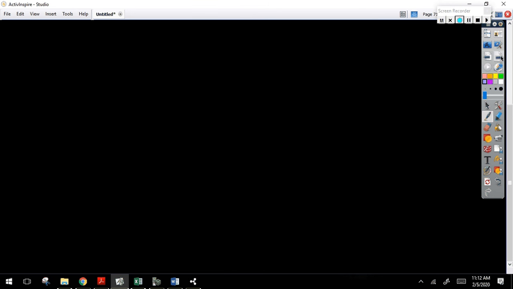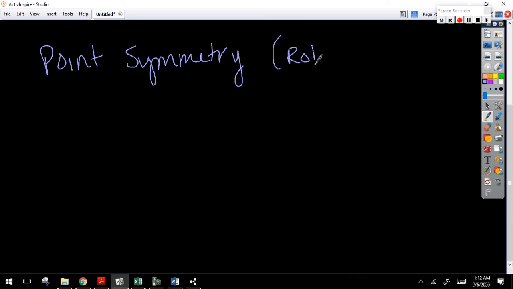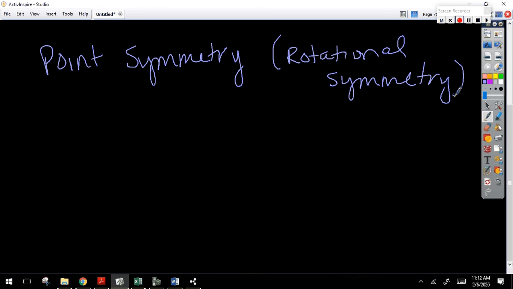All right, the other type of symmetry that is probably the most confusing for students is point symmetry. Sometimes this is also called rotational symmetry, because if you can rotate the graph about a point and it maps back onto itself, then it has rotational symmetry.